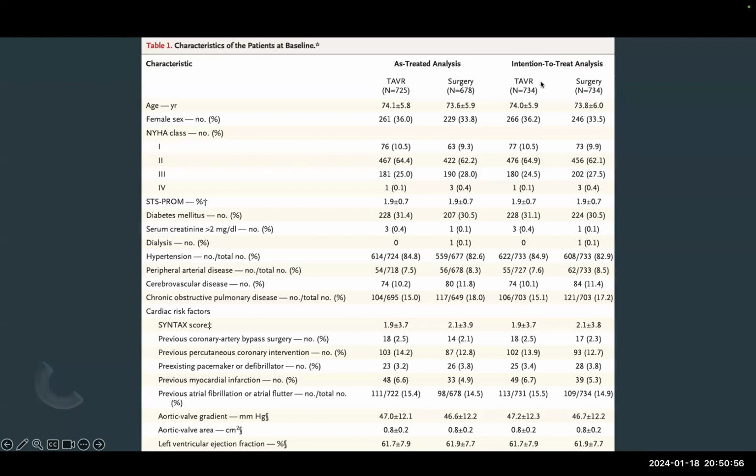And here, intention to treat: the patient was randomized to TAVR and whatever he got, maybe he's not getting a TAVR. That's why there are more patients here, 734. This 725 is as treated; for sure all of them got TAVR. Here, there might be some who did not get TAVR, intention to treat. And surgery, 734, and 678, they did surgery only.